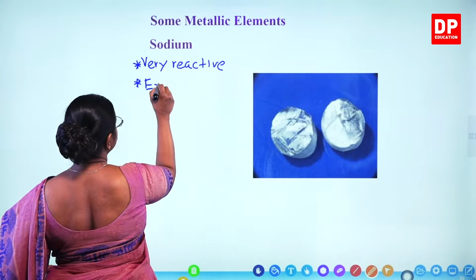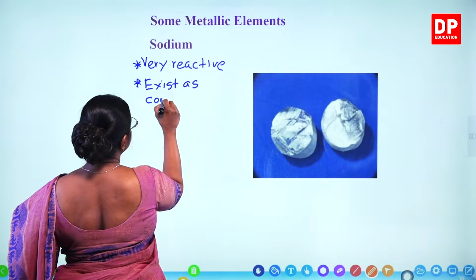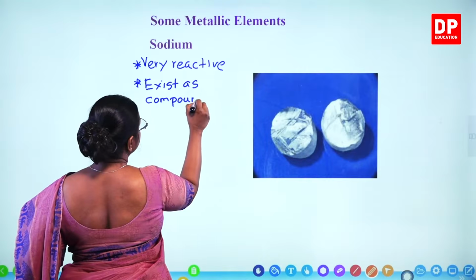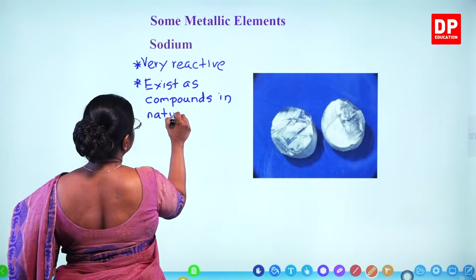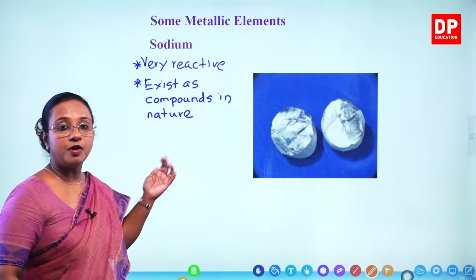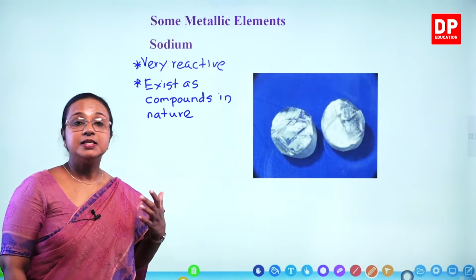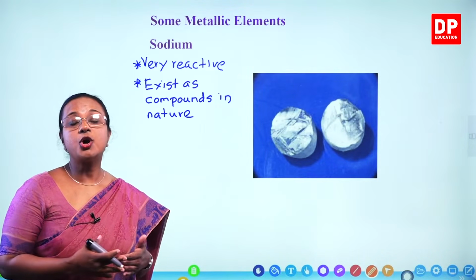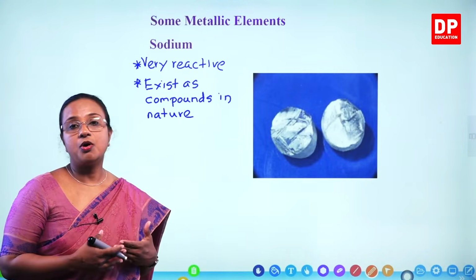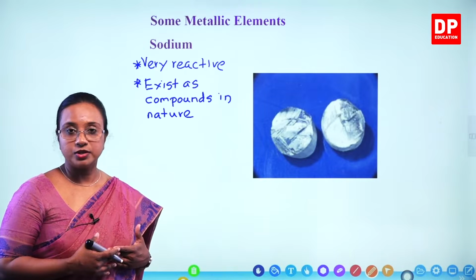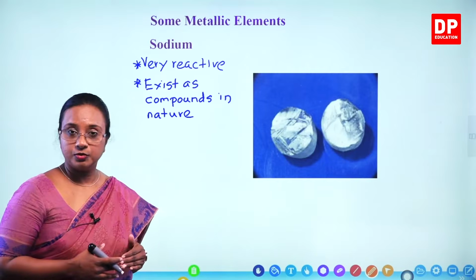So it exists as compounds in nature. As an example of a sodium compound, if we look at the sea, seawater is salty. That is because there are many salts dissolved in seawater, and one of the main salts is sodium chloride.